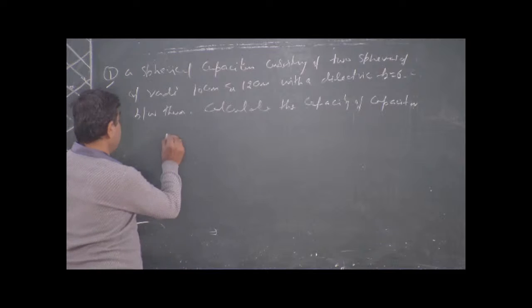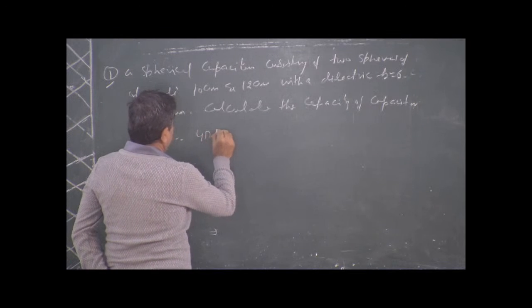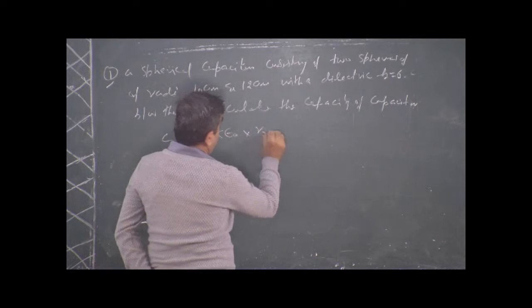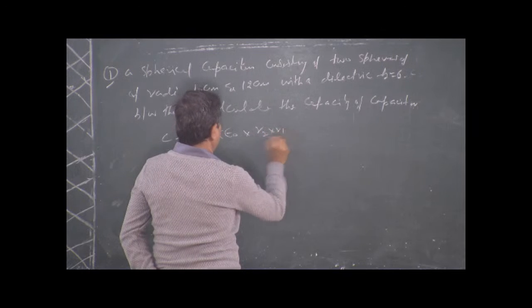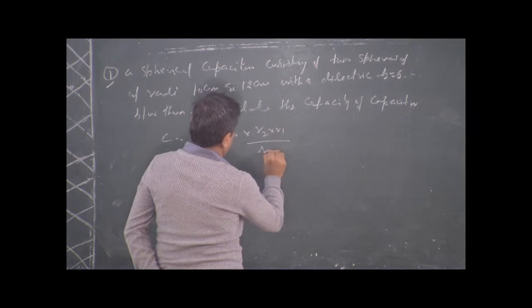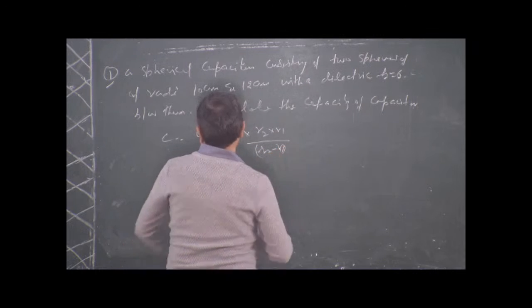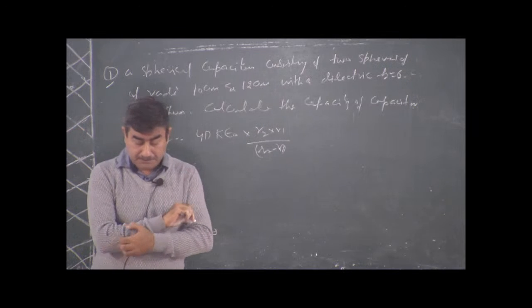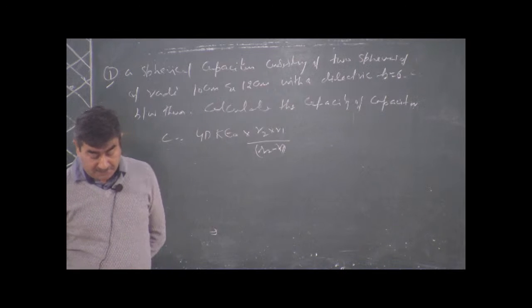So capacity will be equal to 4 pi K times epsilon naught into R2 R1 over R2 minus R1. Using this formula, you can find the capacity of the spherical capacitor.